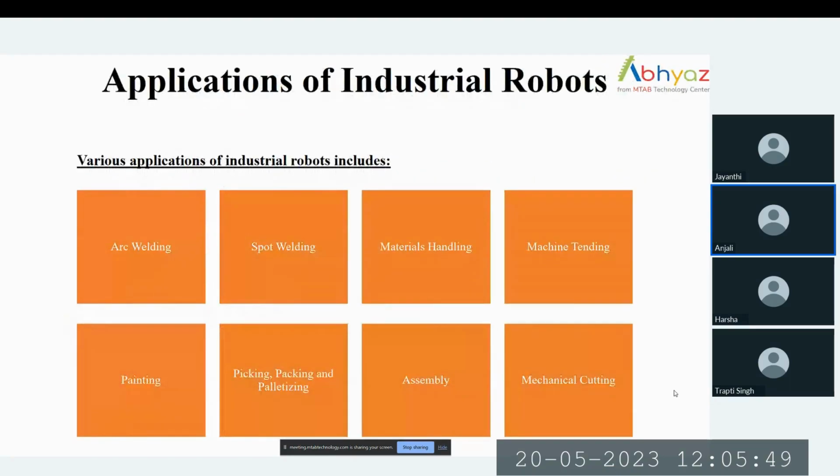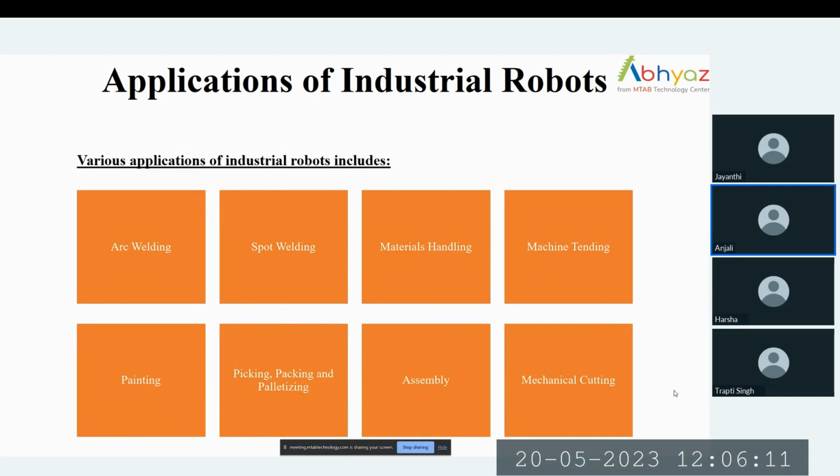So there are some applications of industrial robots, which include arc welding, in which the robot helps the workers with the safety of the arc and in inhabiting hazardous areas. The second is spot welding.